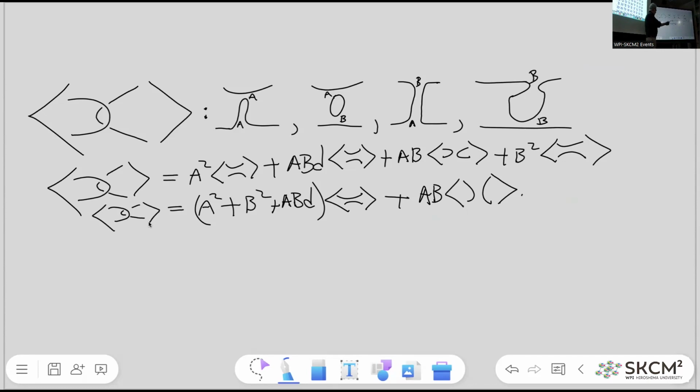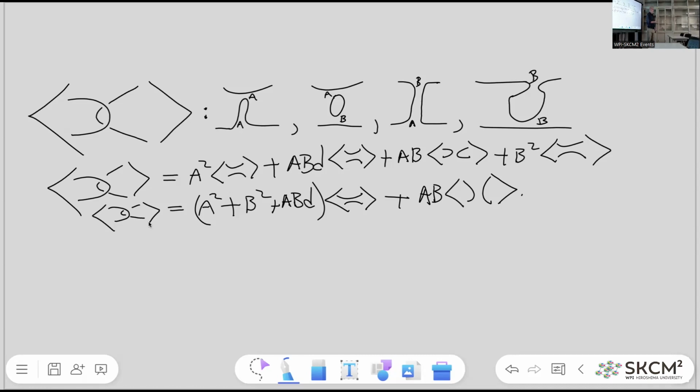And if you were interested in extracting topology from the polynomial, then you could say, well, all right, then what I must do is throw away all those polynomials that are divisible by A squared plus B squared plus ABD. And then at least up to a multiple, it would be invariant under the second Reidemeister move. So how do you throw away? One way you throw away in an algebra is to mod out by the ideal generated by whatever you're throwing away.